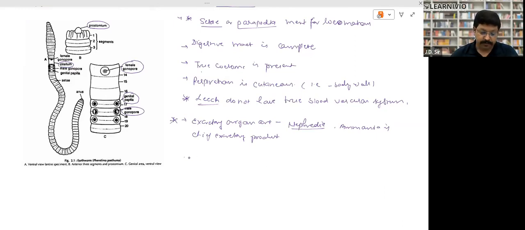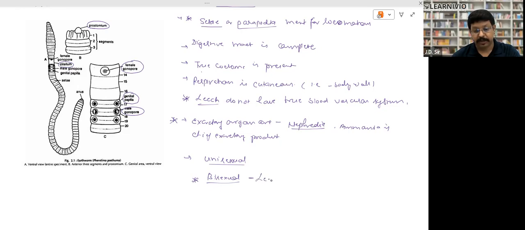They are hermaphrodite. Unisexual and bisexual, both are found. So an annelid can be both unisexual as well as bisexual. In bisexual, earthworm and leech, that is important question. That question I've been asked.